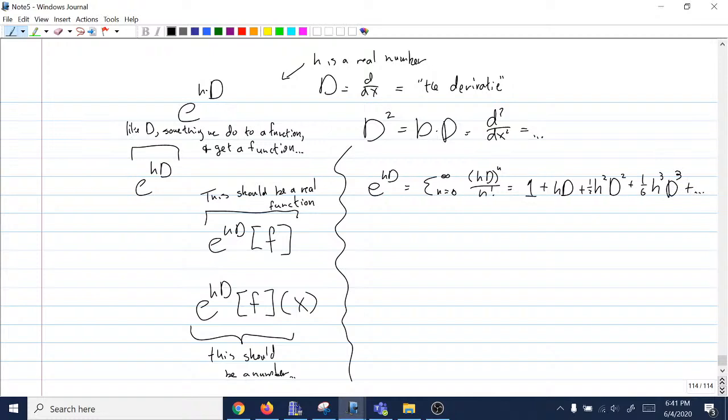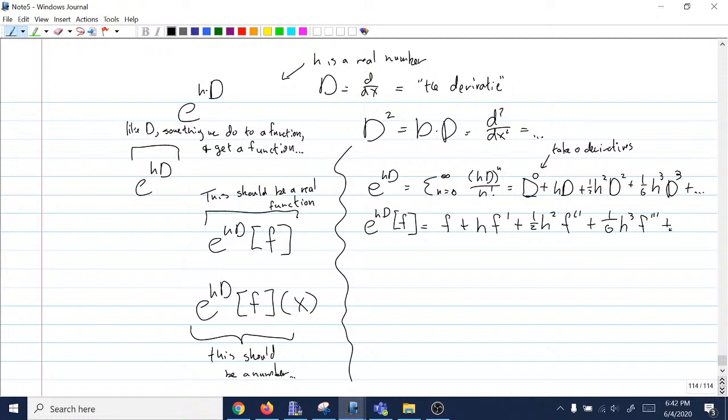Okay, the 1 is a little bit suspicious. You have to keep in mind that the 1 is D to the 0, which means take 0 derivatives. When I take e to the hD of a function, I do all of these things to the function: take 0 derivatives of the function, h times take 1 derivative, half h squared times take 2 derivatives, a sixth h cubed times take 3 derivatives.